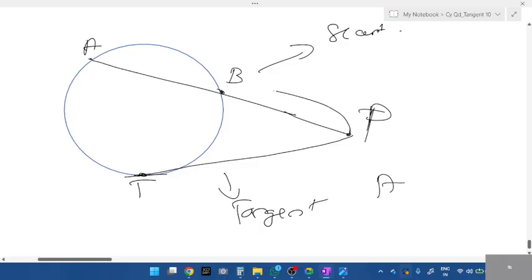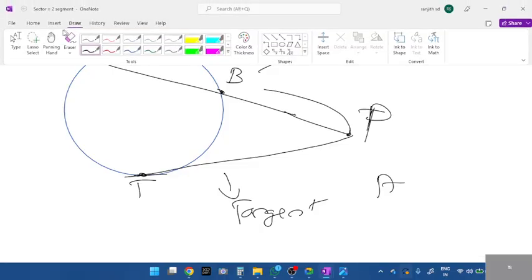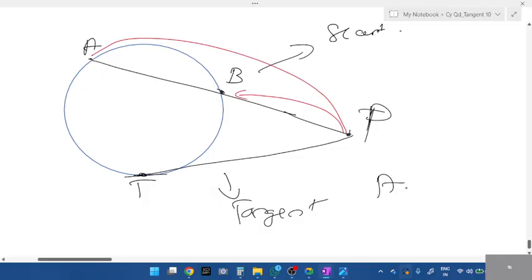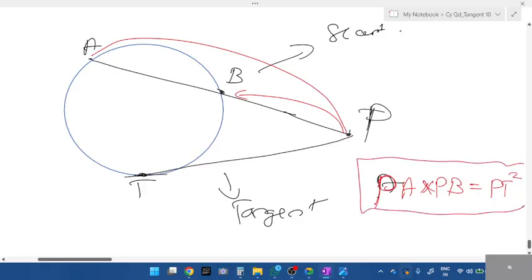For secant, what is the formula, students? All of you will respond. PA into PB is equals to, for tangent, PT square. This is the formula. PA into PB is equals to PT square is the answer.